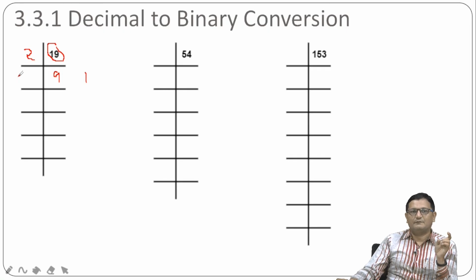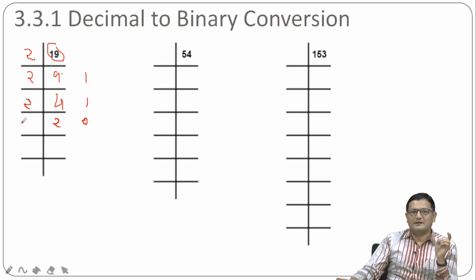Again we will divide this 9 by 2. We know that 2 fours are 8, but we have 9. So again there is a remainder of 1. Again we will divide this 4 by 2. So 2 twos are 4, so here we will get 2, and the remainder is 0 because 2 twos are 4 and what we want is 4.